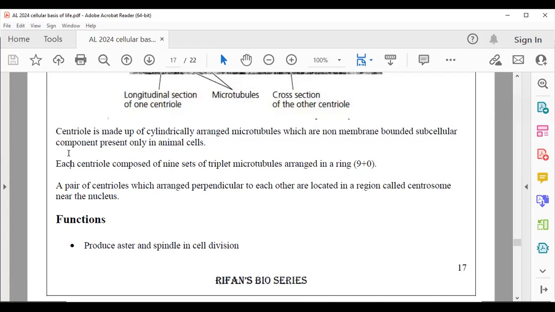A pair of centrioles are arranged perpendicular to each other in the region called the centrosome, near the nucleus. The function is making aster and spindle during cell division. Are you clear?